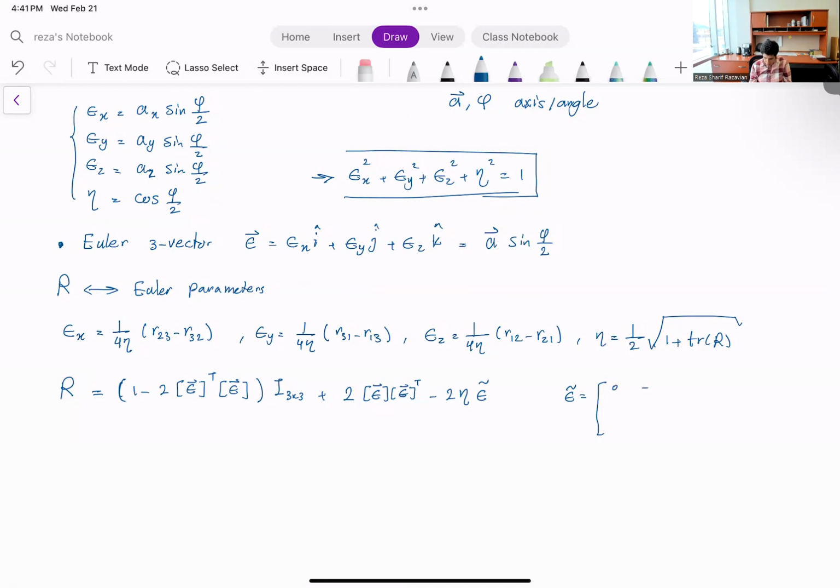Remember that epsilon tilde is the matrix with rows 0, minus epsilon z, epsilon y; epsilon z, 0, minus epsilon x; minus epsilon y, epsilon x, and 0. And here is how, if you know the Euler parameters, you can get the rotation matrix back.